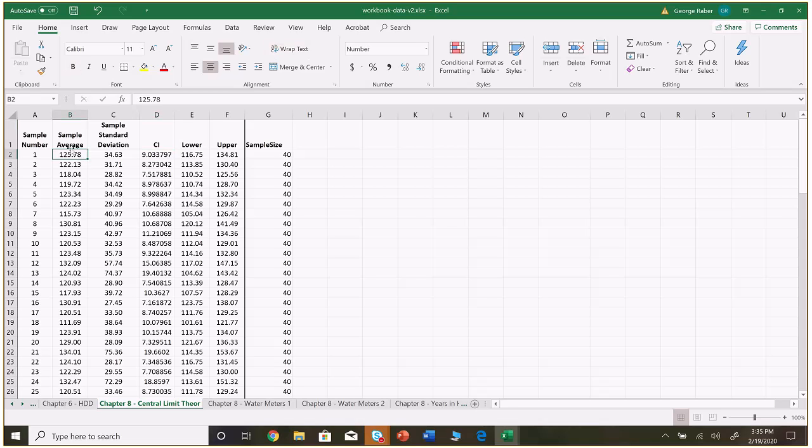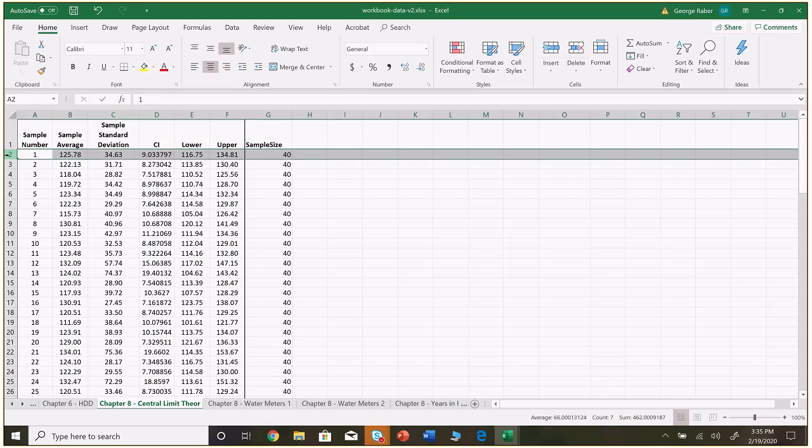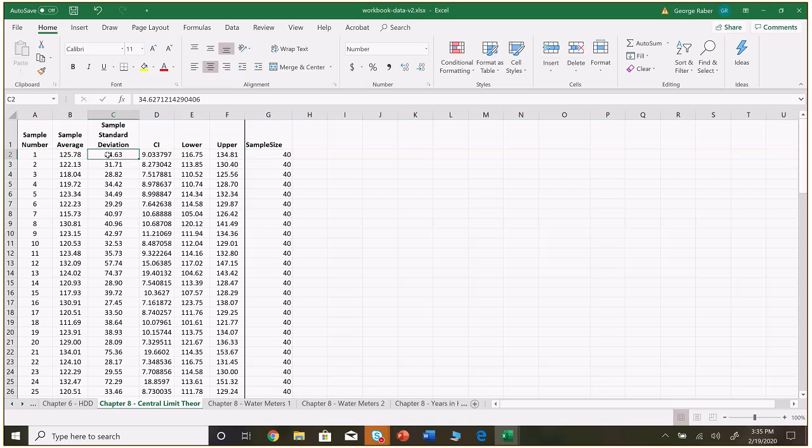We've calculated the sample average for you. So these all represent a number of samples. Here's the sample average. Here's the sample standard deviation. Here's the confidence interval, and there's the upper and lower value and the sample size.